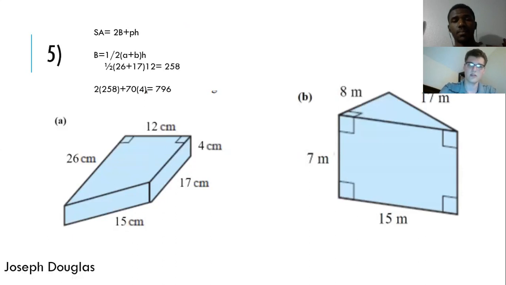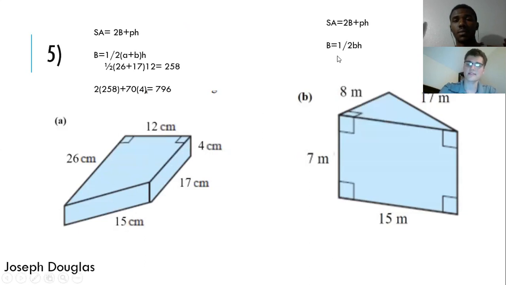Then we plug that back in: 258 times 2, plus our perimeter, 12 plus 17 plus 15 plus 26, which is 70, multiplied by 4, our height. That gives us a total of 796 centimeters squared as our surface area.